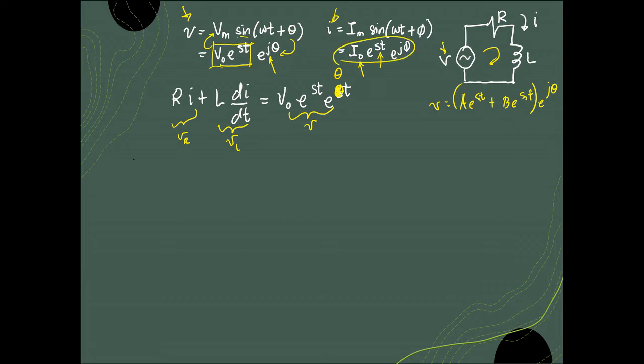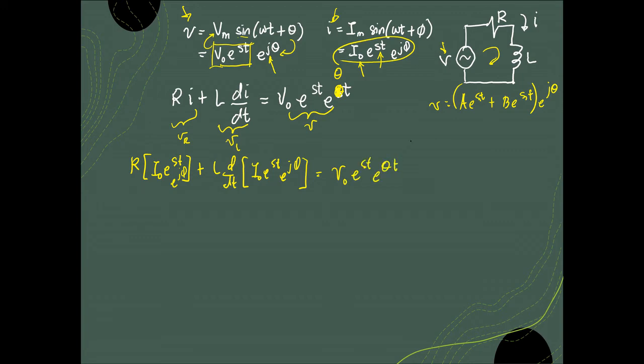You can substitute I with I0 e to the st, plus L d over dt of I, which is I0 e to the st, e to the jp, is equal to V0 e to the st, e to the theta. Because it's easier to differentiate exponents, our form here is exponential form.